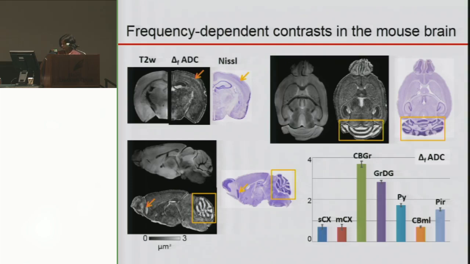So for example, here we can see, I don't know if you can see this, enhancement specifically in the hippocampal layers, the cerebellum, and also some of the layers of the cortex that can be seen here. So this is just to show how we can use diffusion MRI to try and get new contrasts for mapping of the brain.